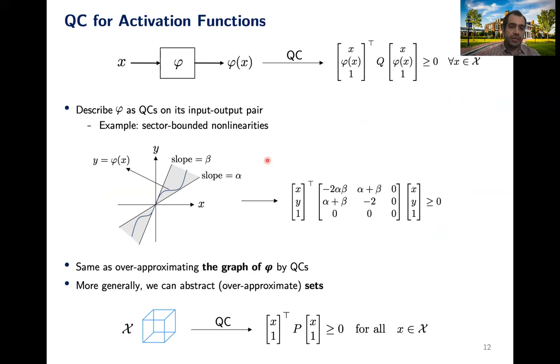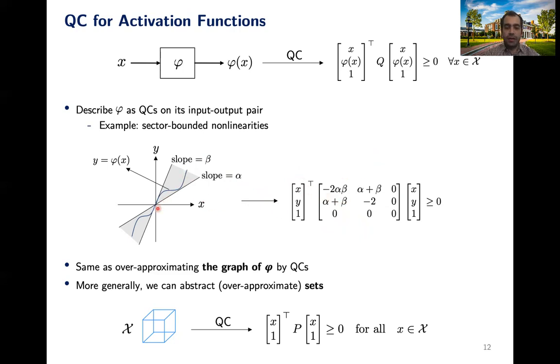For example, let's consider the class of sector-bounded nonlinearities, meaning that our function phi lies in a sector formed by lines with slopes alpha and beta. For this activation function, this quadratic inequality holds for all possible input-output values.